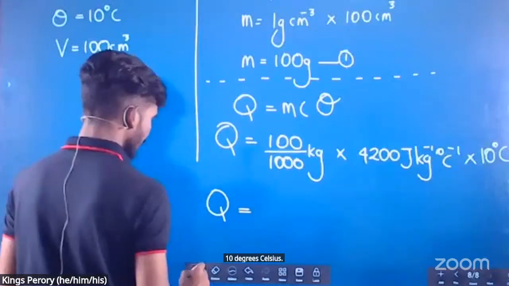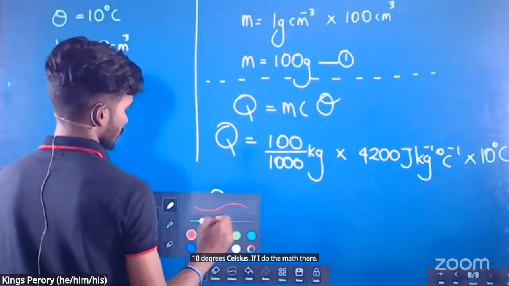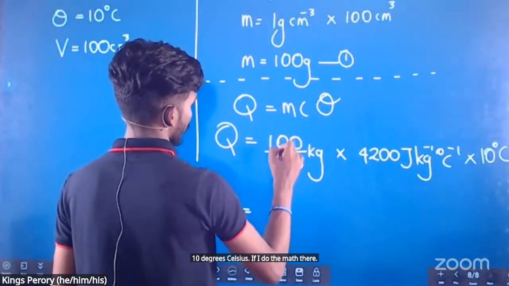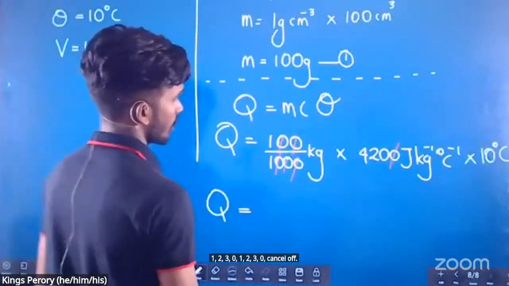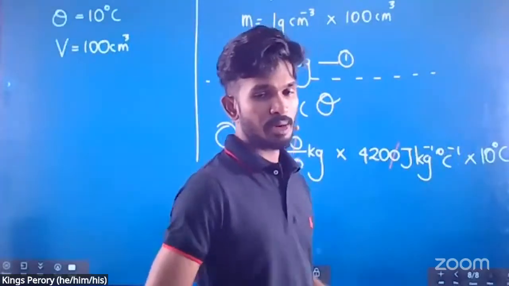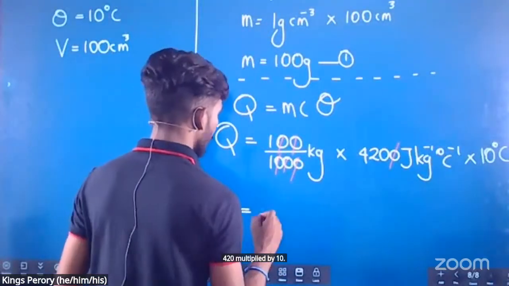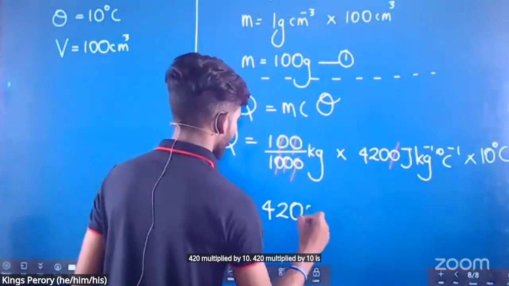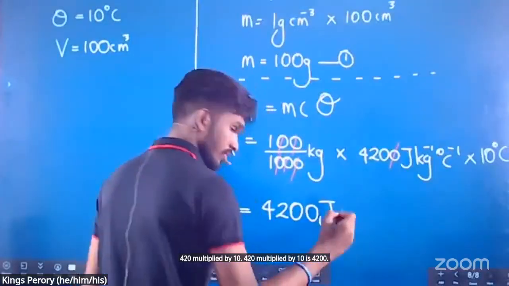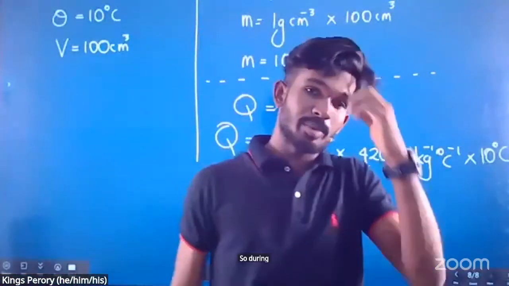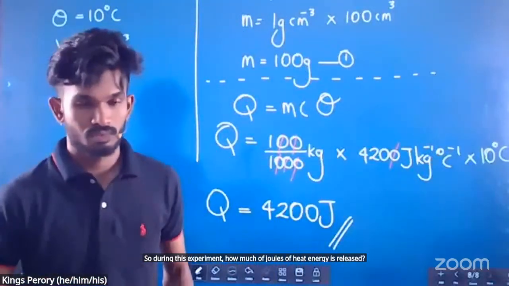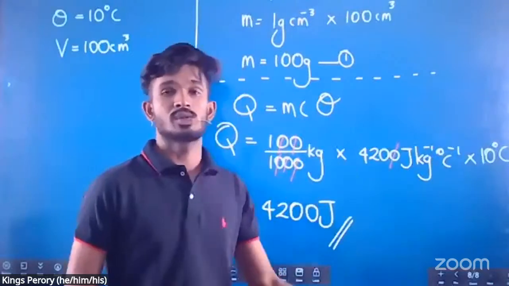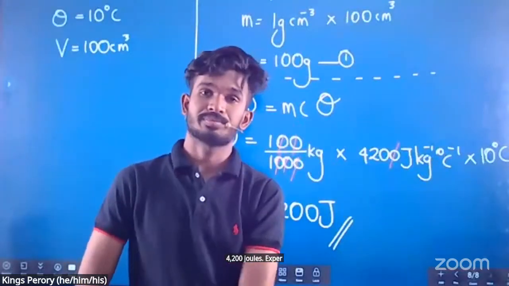If I do the math there, the 1000 cancels off. 420 multiplied by 10 is 4200 joules. So during this experiment, how many joules of heat energy is released? 4200 joules. Experimentally, we found it.